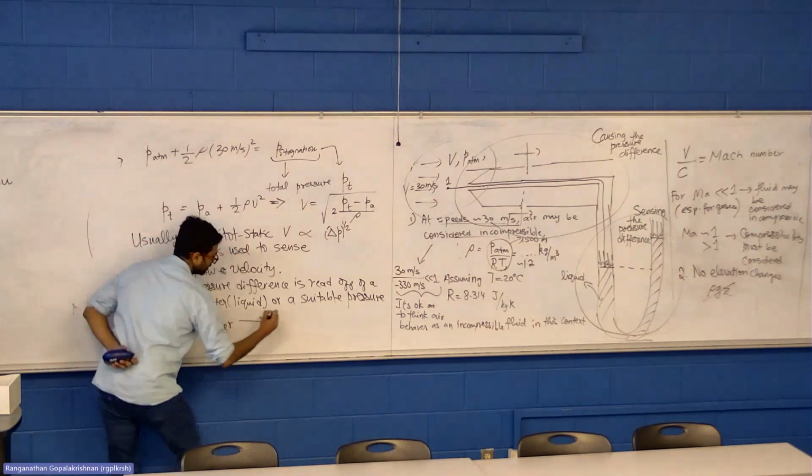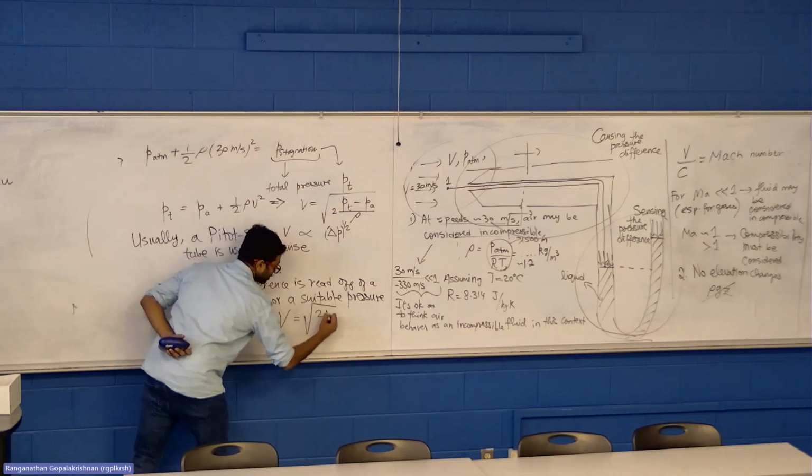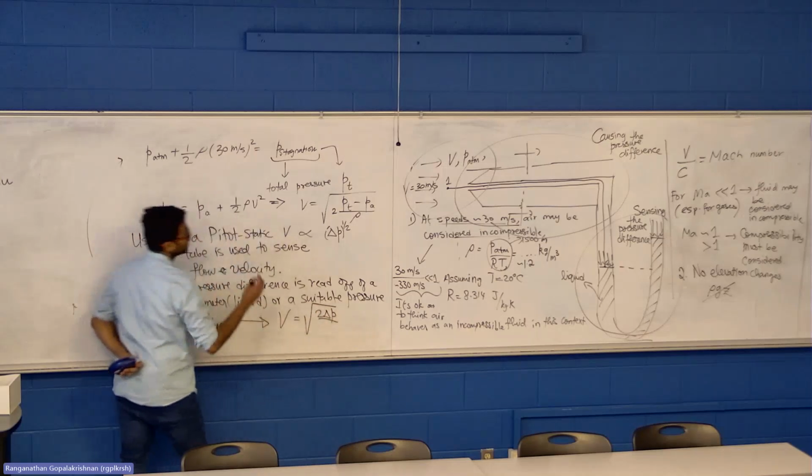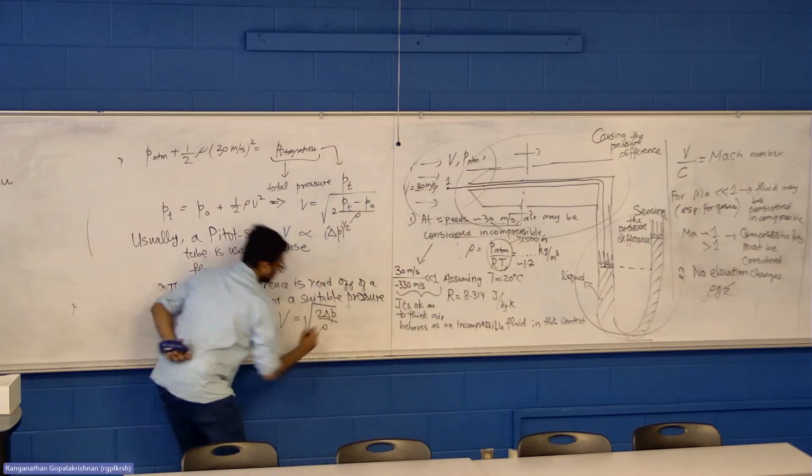In any case, if you want the velocity, you have to know the pressure difference between the two, between the inner and outer flows, and divide that by the density.